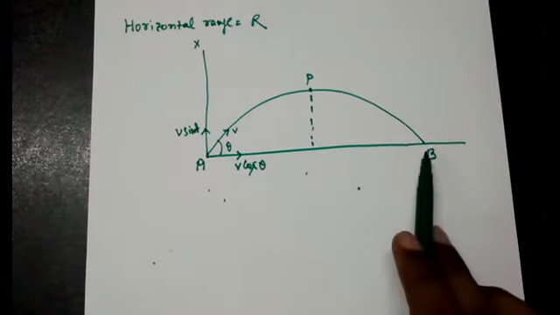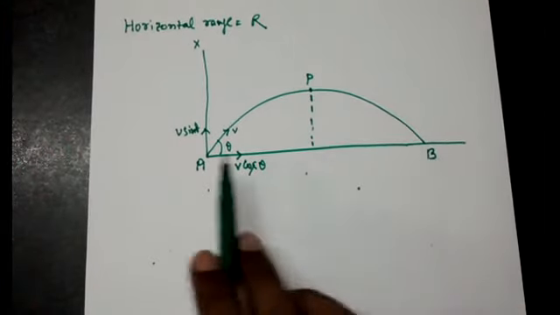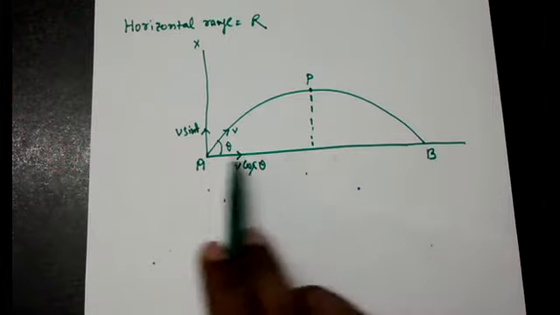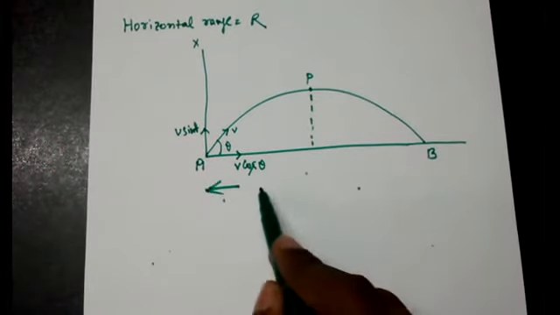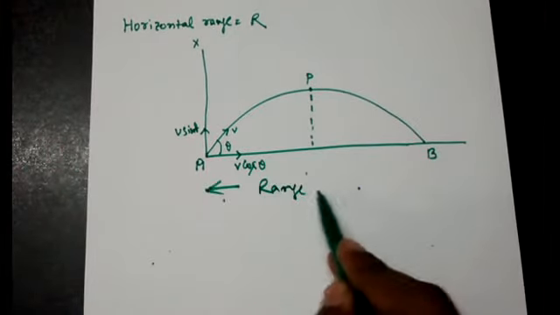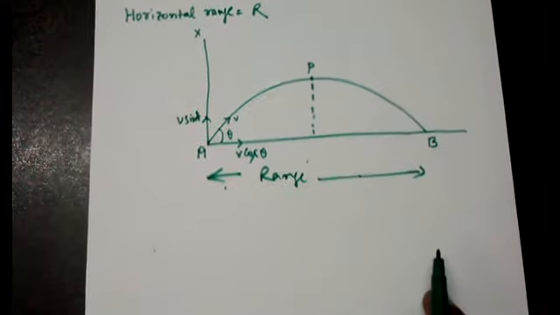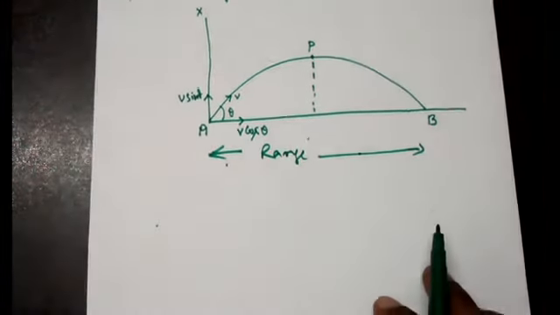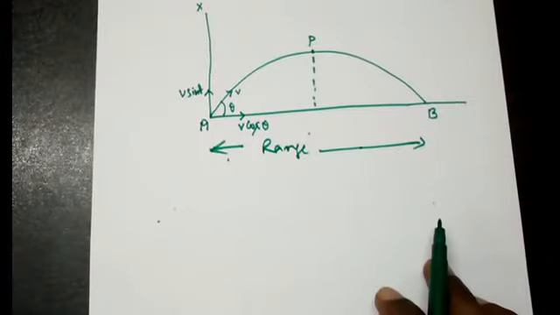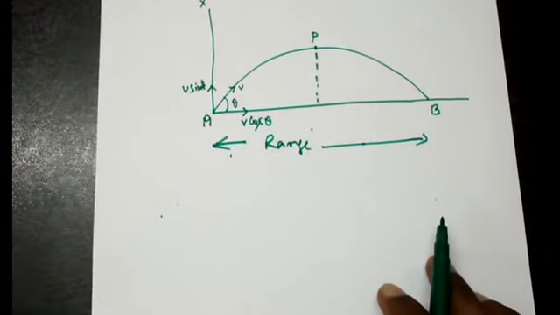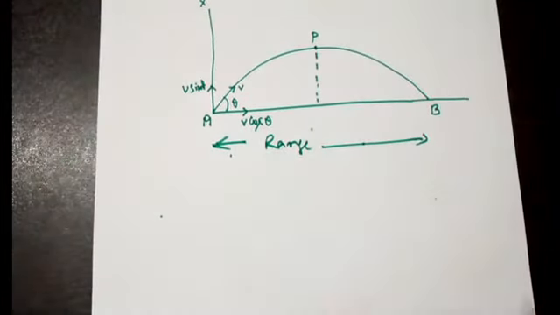It is the smallest distance between A and B, that is AB, and this AB is the range. So we are to find the range, that is the total horizontal displacement of the particle when it is projected at an angle theta.